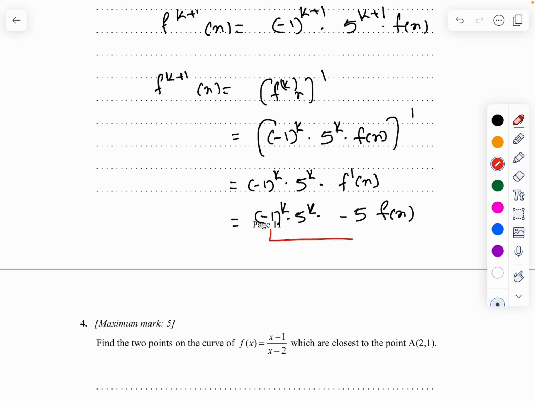Now multiplying, this becomes minus 1 to the power of k plus 1. Multiply 5 to the power of k with 5, it becomes 5 to the power of k plus 1 and f of x. Therefore it is true. Then don't forget to write the conclusion.